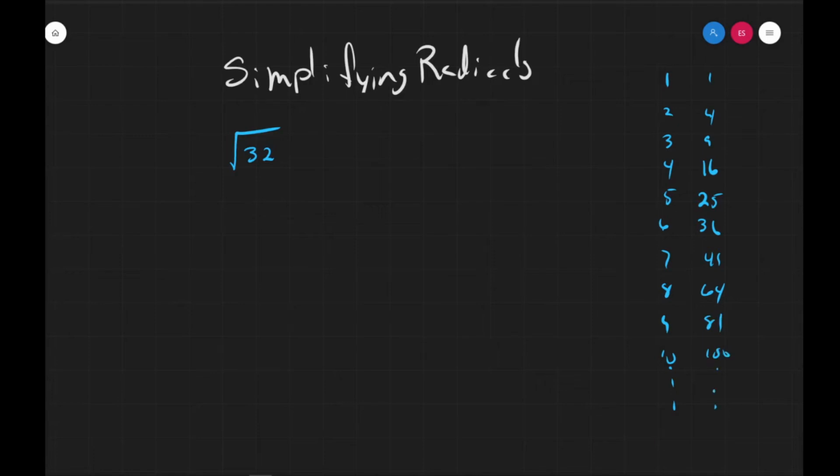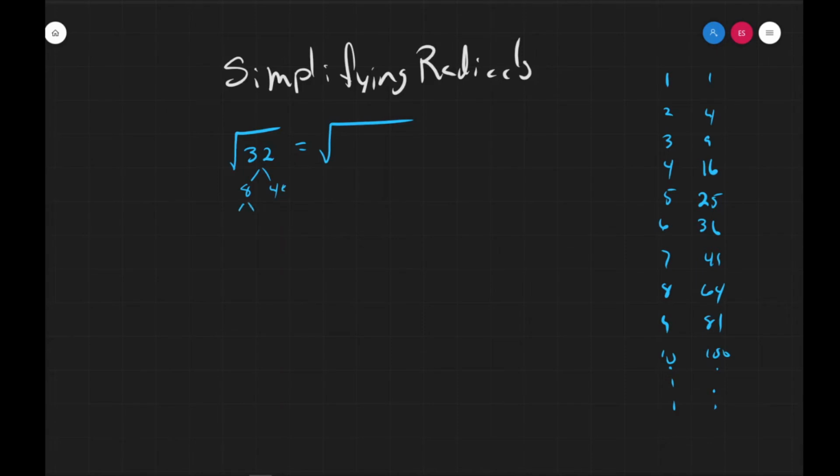So we want to ask, is there a way that we can write 32 as a bunch of numbers multiplied together? If we make a factor tree for 32, that can be 8 times 4, and 4 is in our list of perfect squares, which is nice.